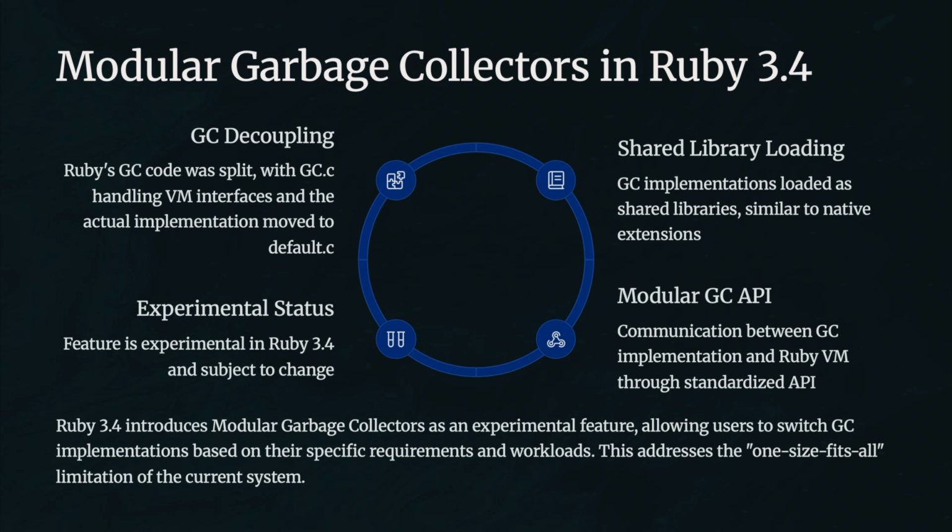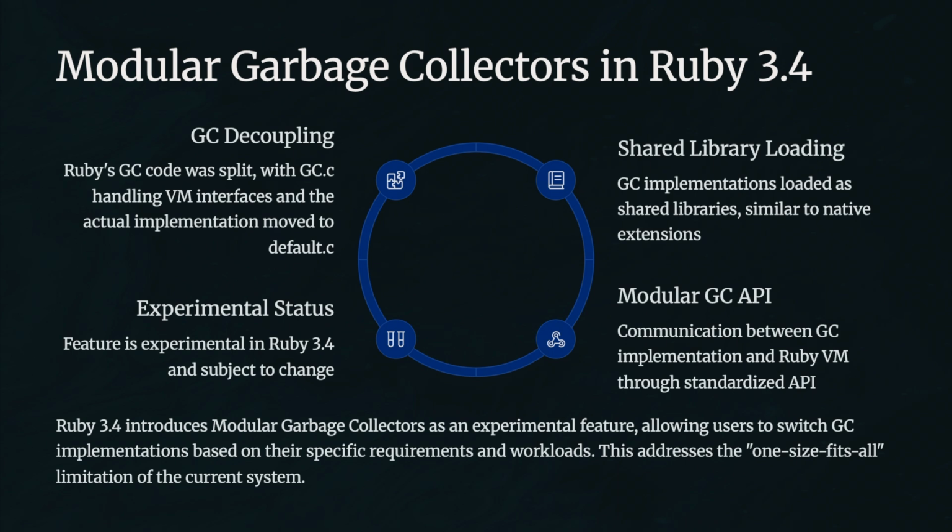What about the other way around? Does the GC need things from the VM? Yes, that's the second part of the API, defined in gc/gc.h. These are functions the GC implementation is allowed to call back into the VM. They aren't part of the normal public C API for extensions because only a GC would need them.